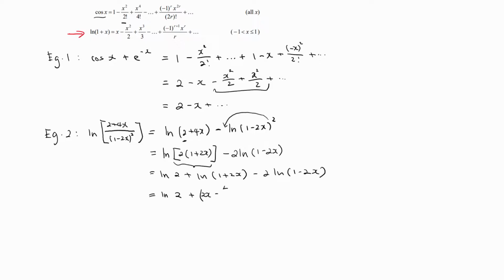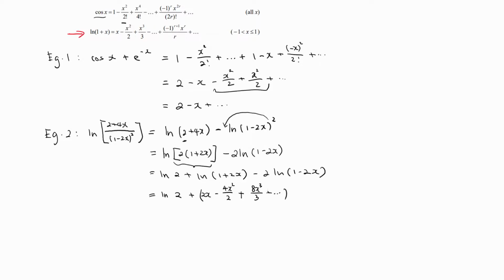So we have 4x squared over 2, and then let's just do up to x cubed, suppose the question wants us to do up to x cubed. Then after that we have plus (2x) cubed, that gives us 8x cubed over 3. Now we close the brackets, plus dot dot dot. So we're done for this term.